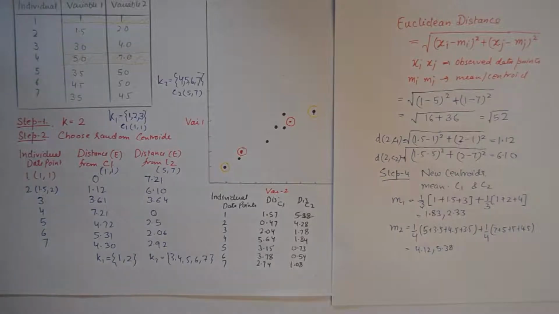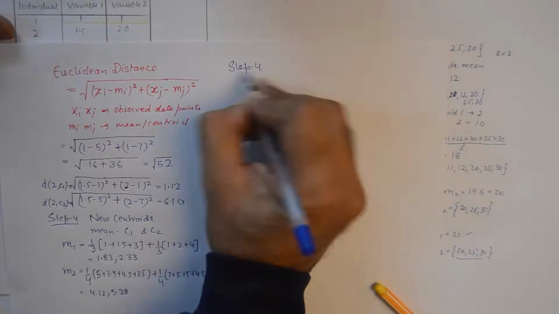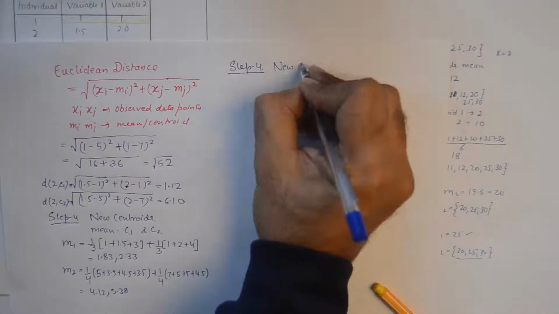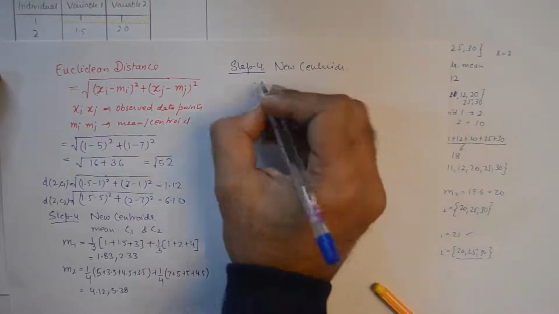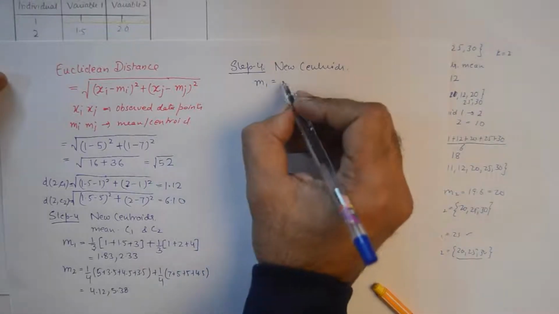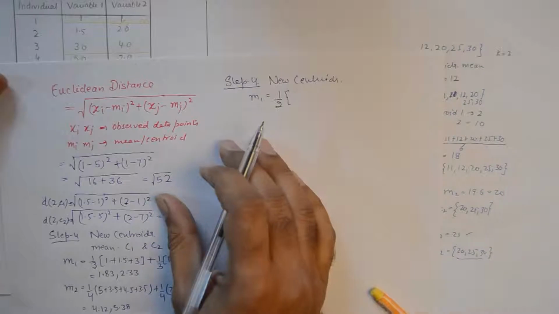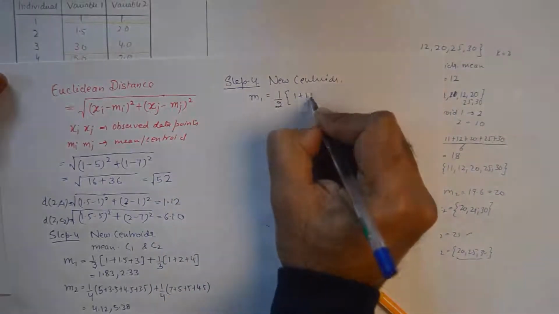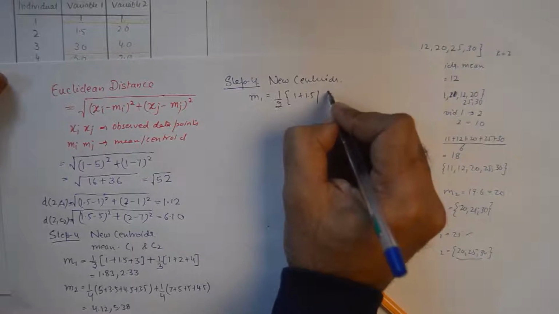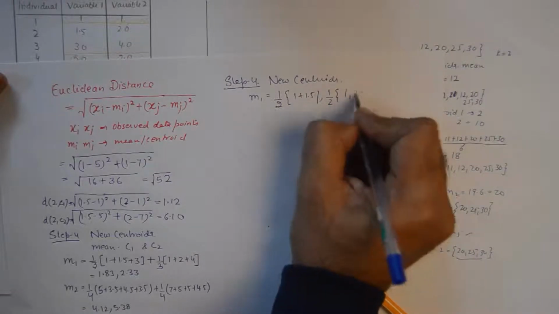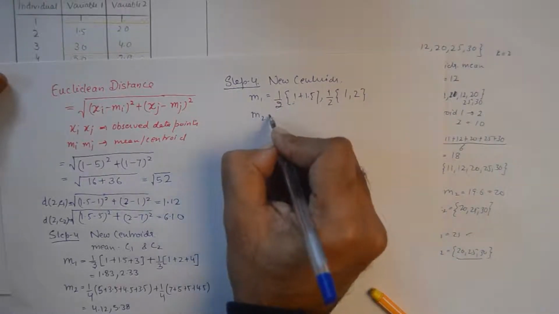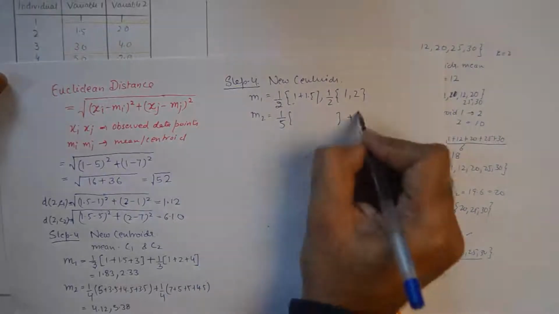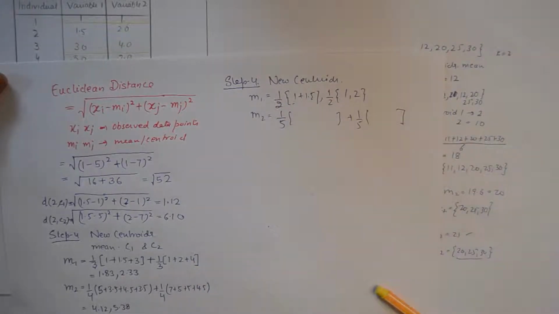Then in step number 5, please understand, we need to calculate new centroids again. And the new centroids will be 1 by 2, so it will be 1 plus 1.5 by 2, because only 2 data points are there, and m2 can be calculated as 1 upon 5, the coordinates of the rest of the data points.